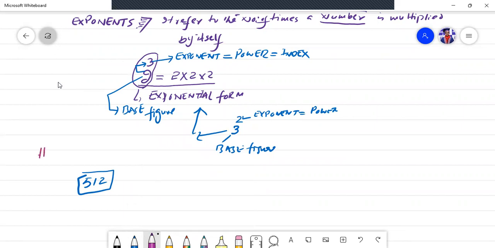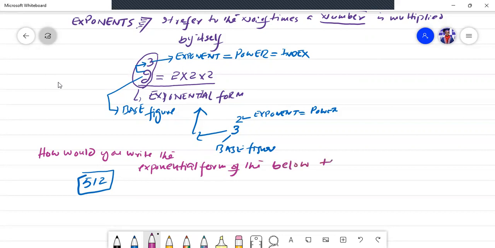How would you write the exponential form of the below term? How would you write the exponential form of 512?